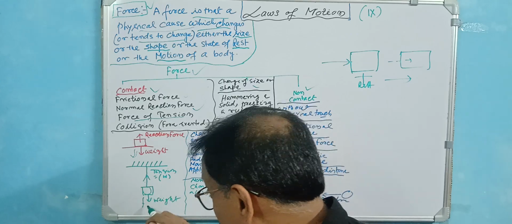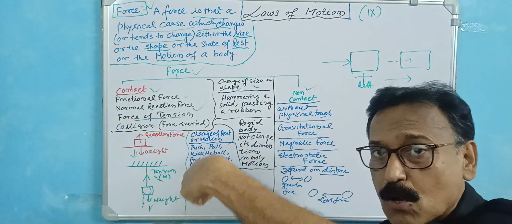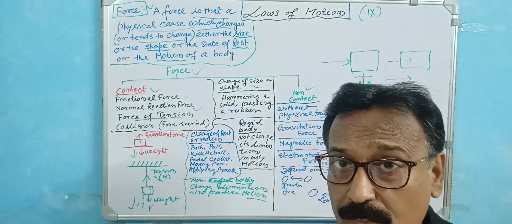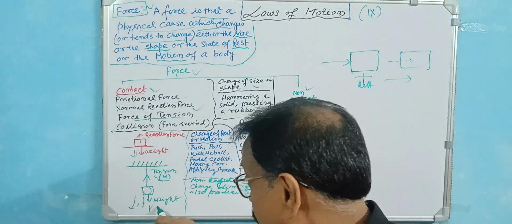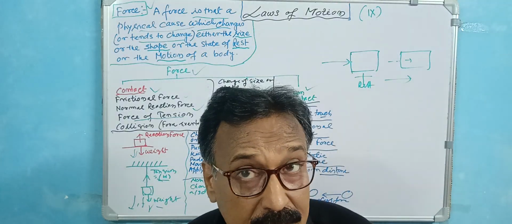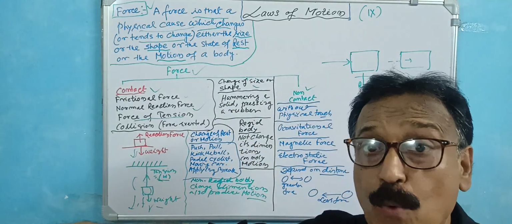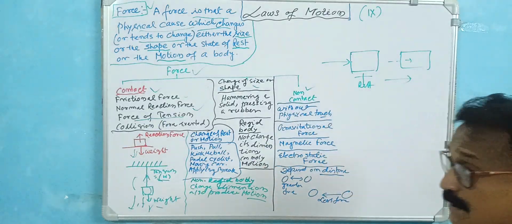In this case, the weight of the body and the tension on the string are equal. Otherwise, if the weight is greater, it falls down. So the weight and the tension are always the same in this case. This is the tension on the wire, and this is the weight. So this is called the force of tension.